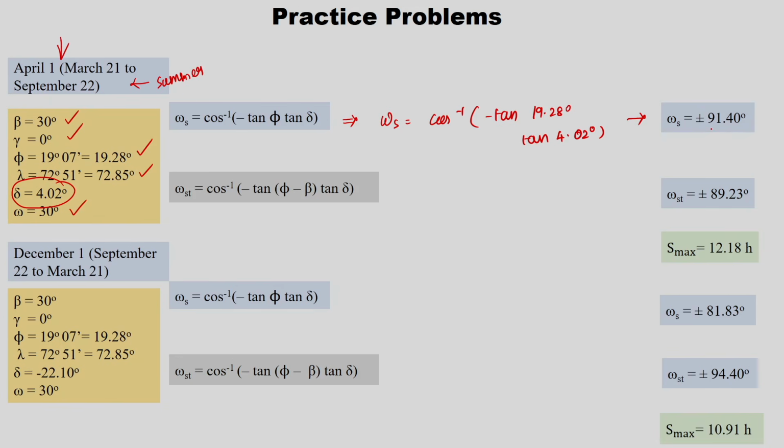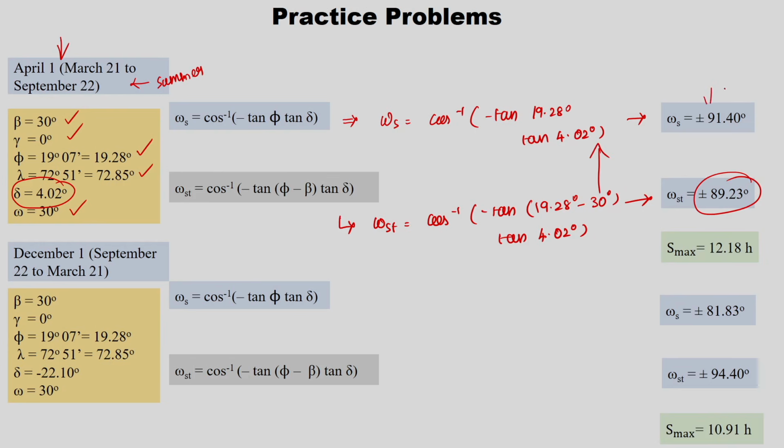This is for sunset as well as sunrise. If we calculate through the formula given exclusively for the tilted surface, it is tan of 19.28 degree minus 30 degree into tan of 4.02 degree. So, omega st comes around plus or minus 89.23 degree. So, for a tilted surface, if we use the formula given for horizontal, it is over predicting.